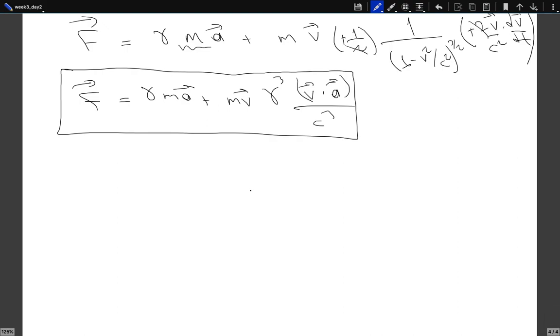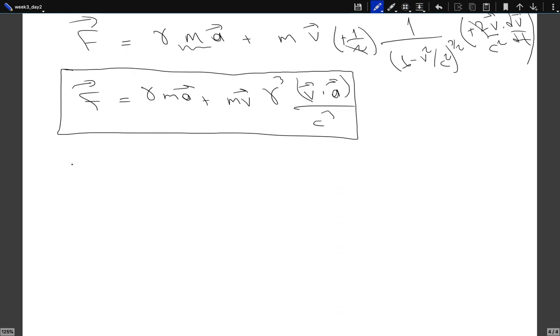Now let's look at how we define the energy. Again, if you go back to your mechanics courses last semester, to define the energy, you first defined the kinetic energy.